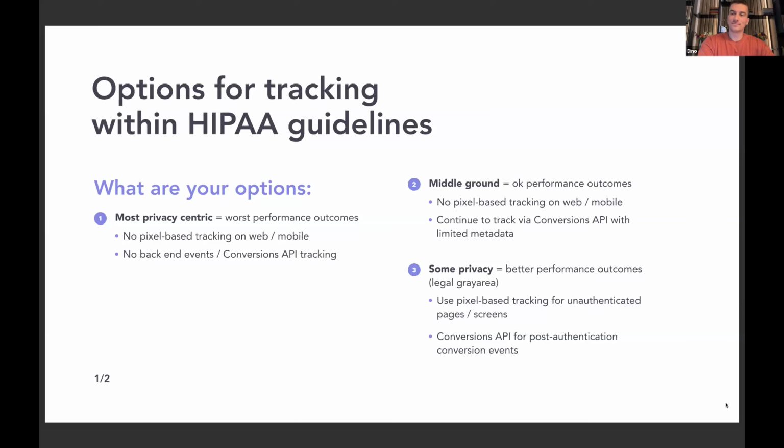And the reason I say that is because whenever you have a pixel, like Facebook's pixel or Google's pixel, on your site, they, by the nature of how the internet works, are able to consume the IP address of that person. And so you can't block that. There's no way for you to block that. With conversions APIs, you can block that because you have full control on the back end. But the browser, like Chrome or Firefox or Safari, will always send the person's IP address with any tracking you do with a pixel.